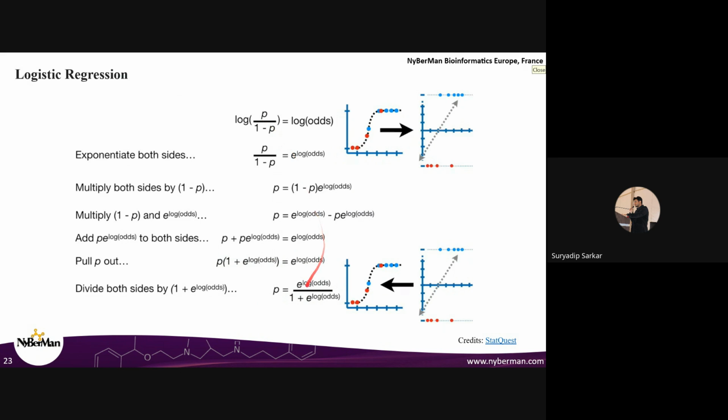So these two formulas, the logit function and the sigmoid function, are nothing but two sides of the same coin. The logit function allows you to go from the probability scale to the log odds scale, and the sigmoid function allows you to go from the log odds scale back to the probability scale.